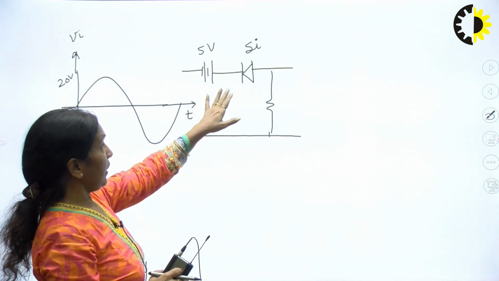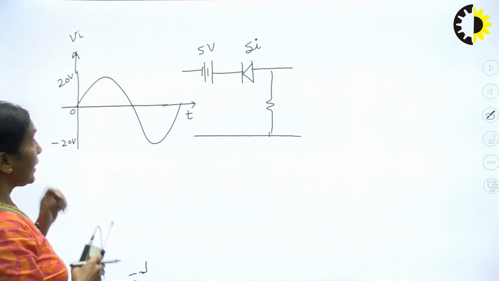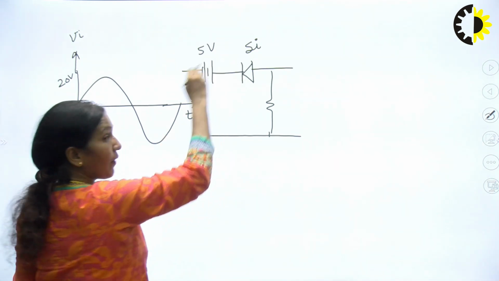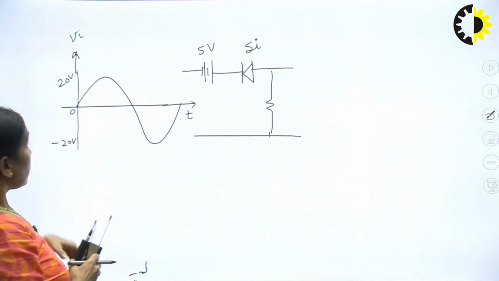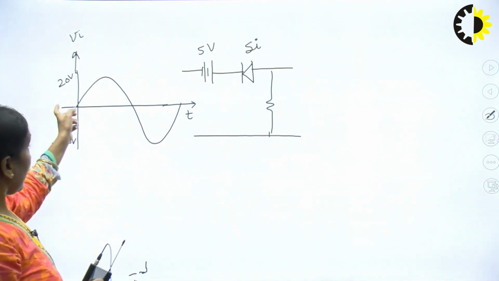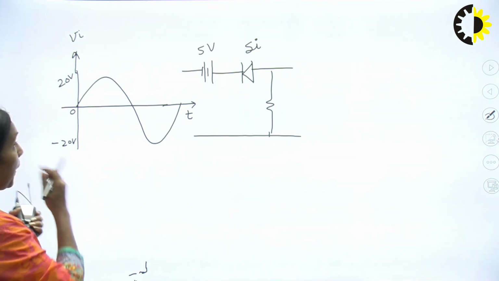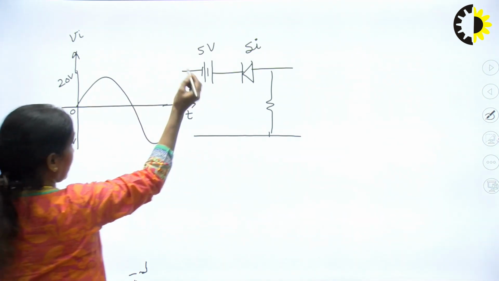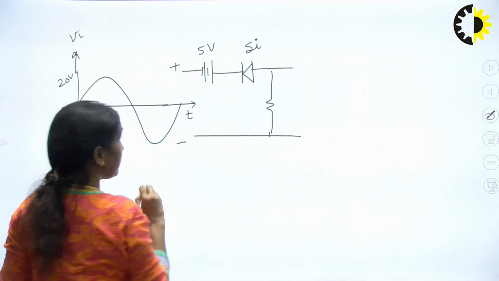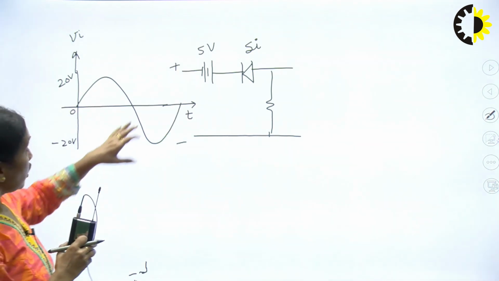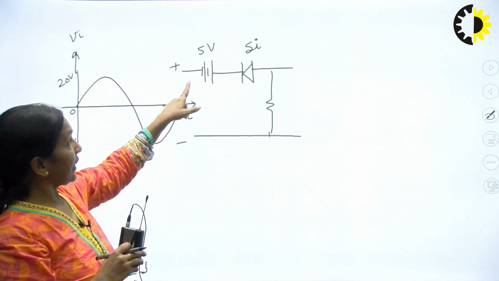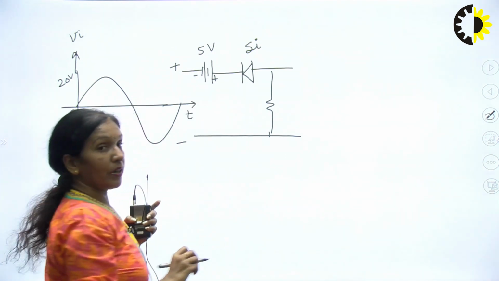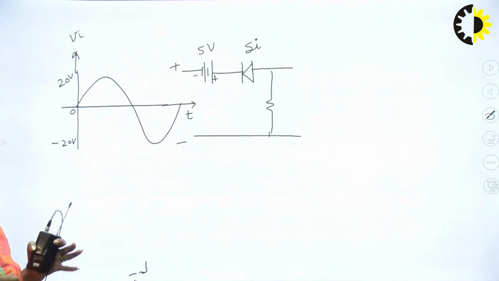So the diode will be in the reverse bias state till the time this voltage overcomes this 5 volts. During the entire positive half cycle, this terminal is at positive potential, this is at negative potential. So during the entire positive half cycle, this positive terminal together with this positive terminal makes your diode reverse biased.